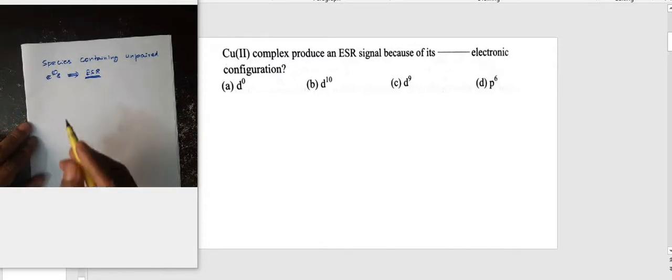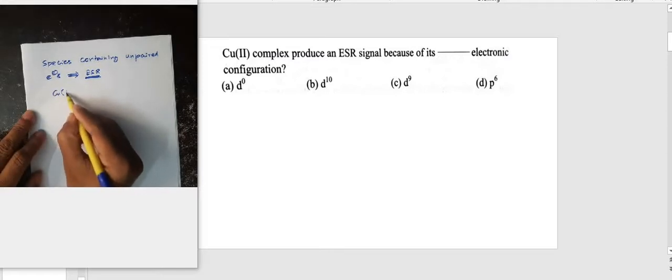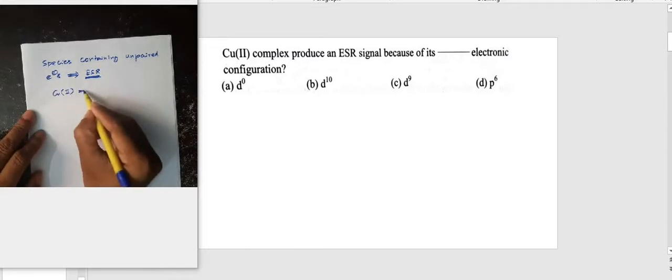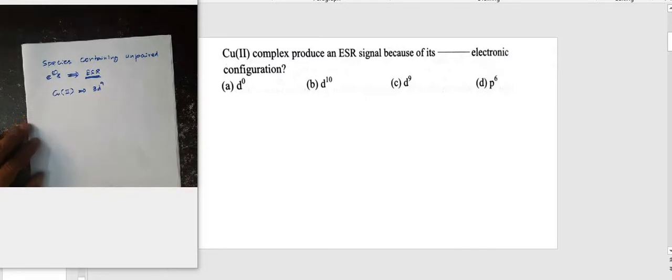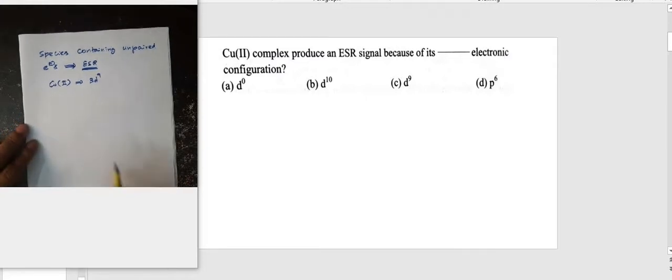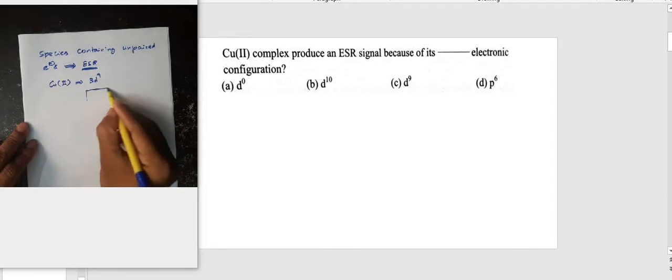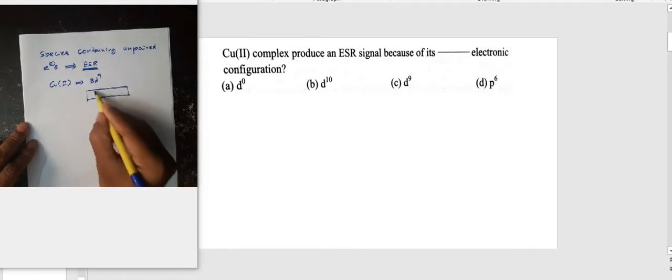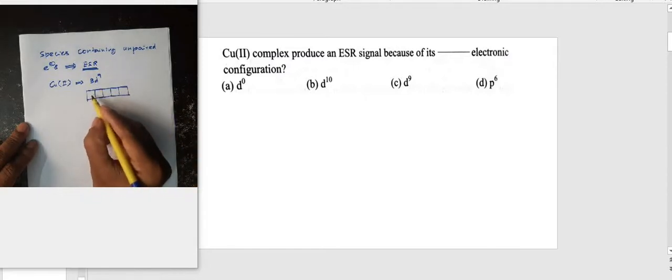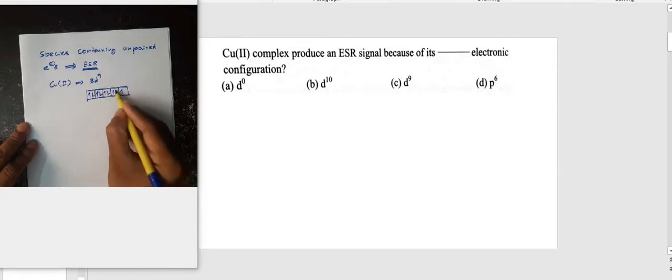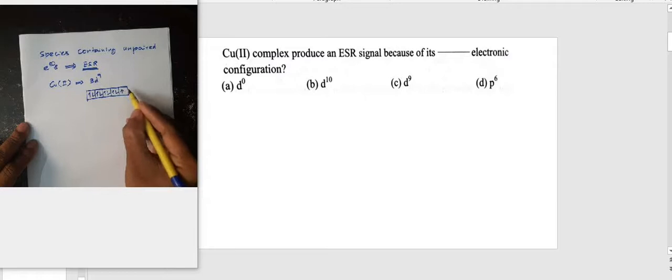So in copper 2, we know very well the electronic configuration is 3d9. For 3d9, the 3d subshell has 5 orbitals. So if you fill up these 9 electrons, 1, 2, 3, 4, 5, 6, 7, 8, 9, we are left with one unpaired electron here.